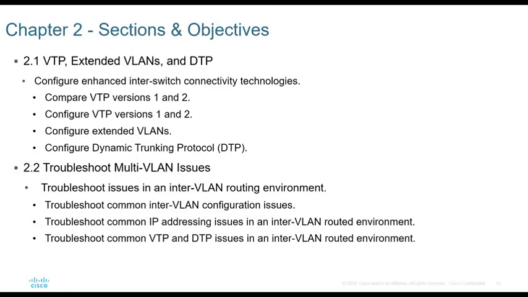We're going to configure VTP versions 1 and 2, and also take a look at extended VLAN technologies alongside Dynamic Trunking Protocol configuration. 2.2 will be troubleshooting multi-VLAN issues on the different inter-VLAN routing environments, IP addressing, and VTP and DTP related issues as well.